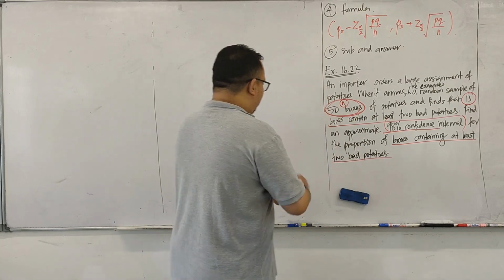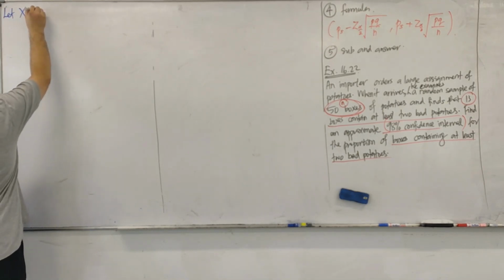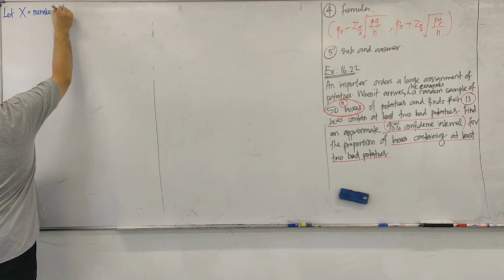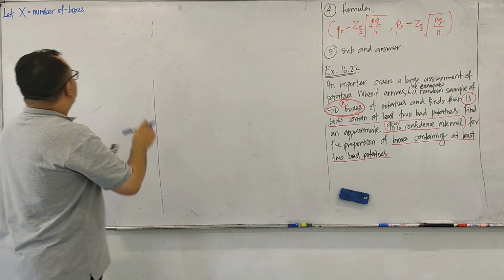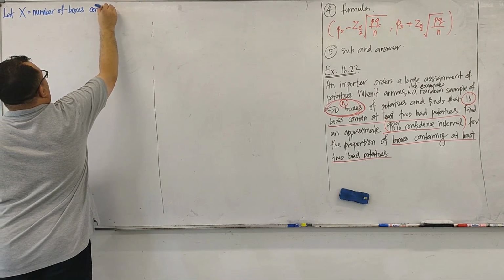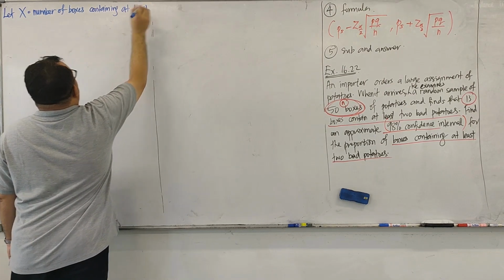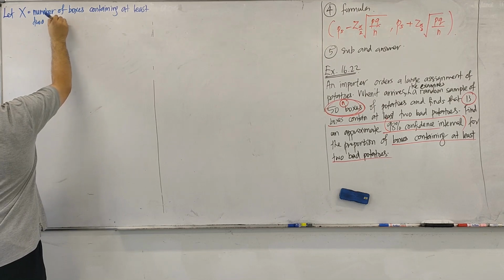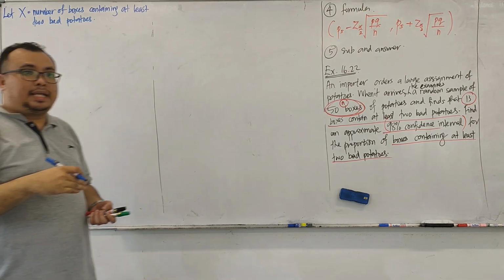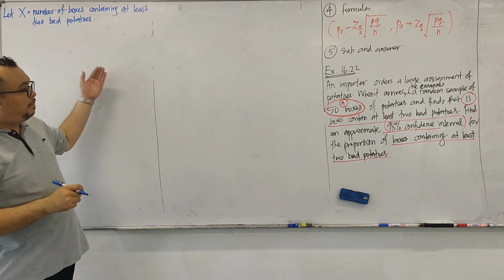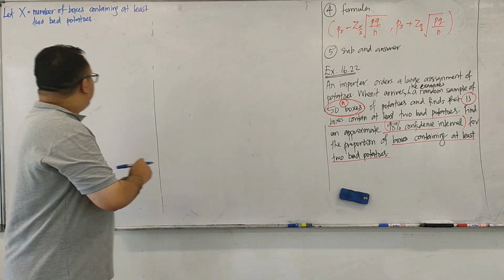So bila awak nak buat, step pertama, okay, step 1, you have to define your X. X awak adalah number of boxes containing at least 2 bad potatoes. Okay, after you define your X, please define your P. What do we mean by P? Because later on, we are going to work in terms of P. So define your P dulu.